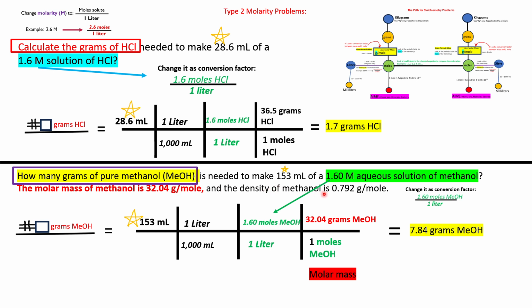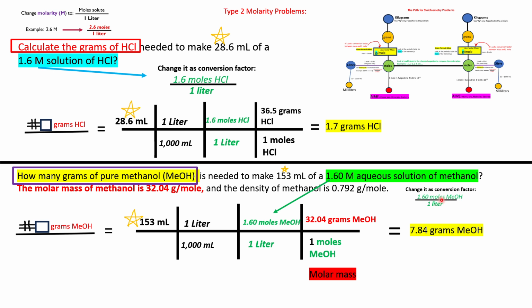And the density of methanol is 0.792 grams per mole. Again, what we do, we convert the molar number into a conversion factor, okay? So the 1.60 molar is going to be read as 1.60 moles of methanol over 1 liter. We just made a conversion factor, and this conversion factor is going to help us do the dimensional analysis.